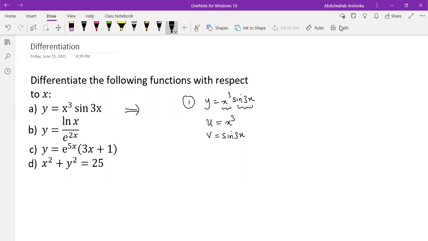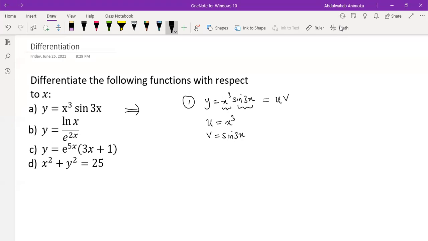So this turns out to be u times v, and this is how we know that we are going to use product rule for this problem. I hope you see the technique, a little bit of a trick I'm using, by first of all substituting a value for your big function to make it look simple. That will allow you to see clearer whether it will be product rule, quotient rule, chain rule, or whatever.